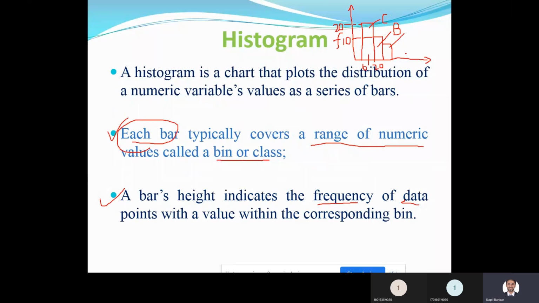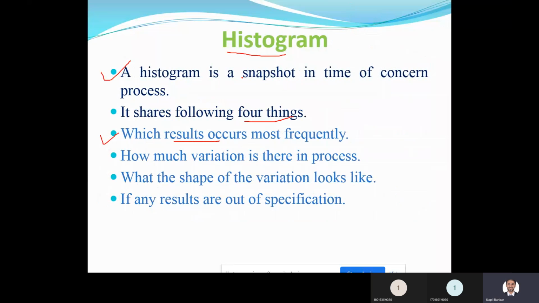So from the data you can tell that the 10 to 20 range occurred most frequently in this process, 20 times. So the first outcome you get from the histogram is which result occurs most frequently.